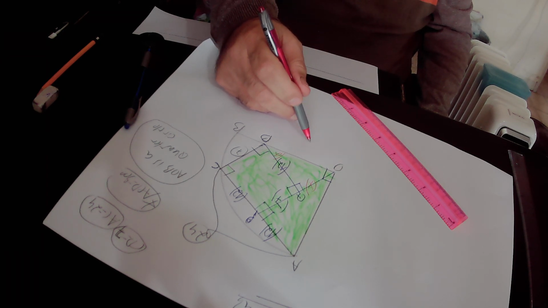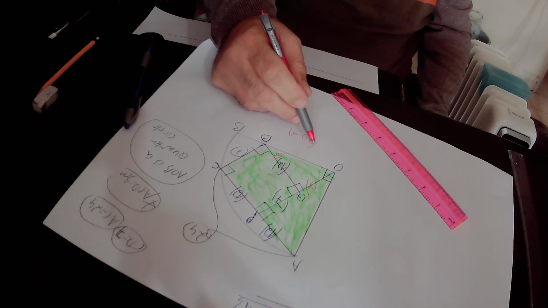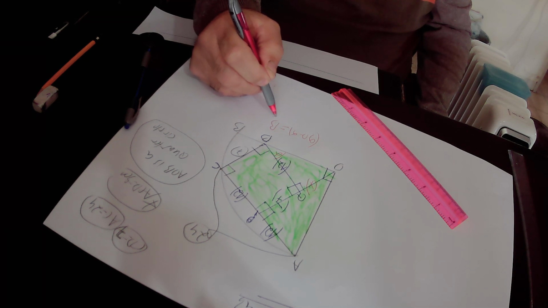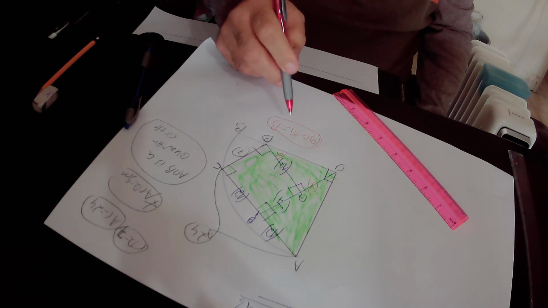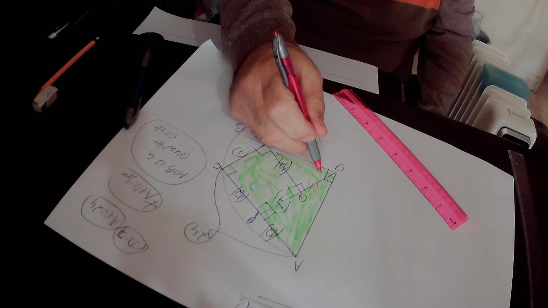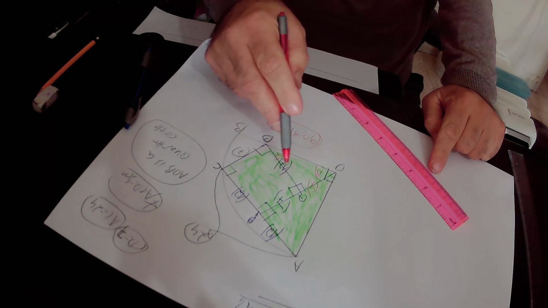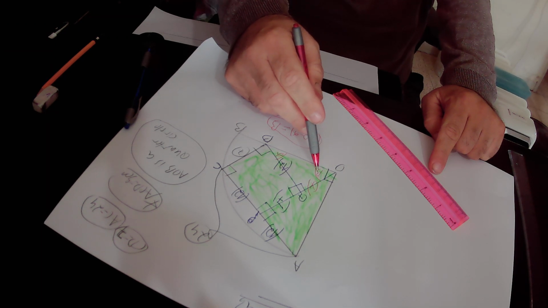We will define 90 degrees minus alpha as beta, so we can substitute 90 degrees minus alpha here by beta. So angle QOD equals beta.